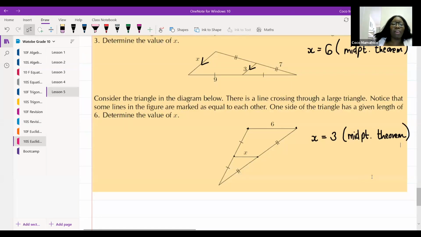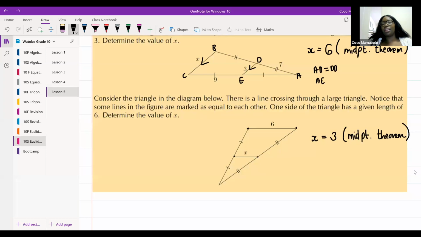Okay, thumbs up, thumbs down. How do we feel about the midpoint theorem? Gift says, ma'am, when they ask you how you got 6, not in this case. What they would need to do is label this. They would have to go A, B, C, D, E, and then we would say AD is equal to DB because D is the midpoint, and then we'd say AE is equal to EC because E is the midpoint.